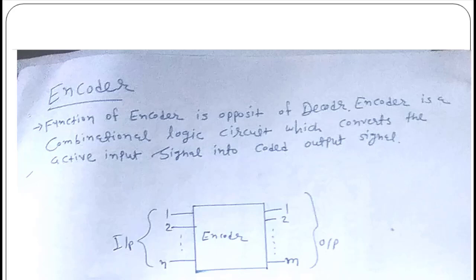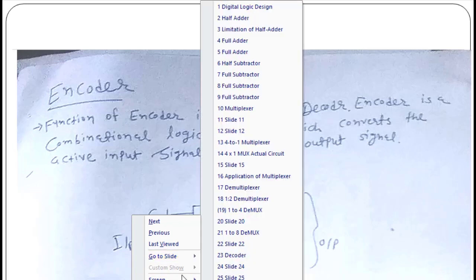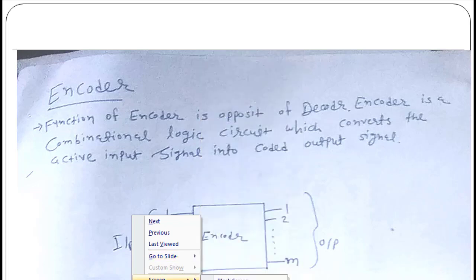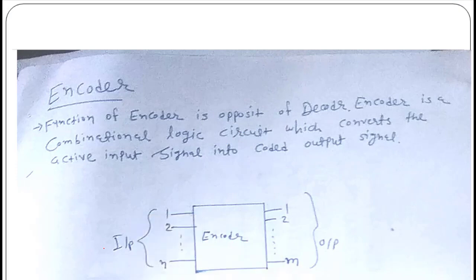So in an encoder we have multiple inputs and multiple outputs. Our inputs will be 1, 2 up to 2^n, and our outputs will be 1, 2 up to n.